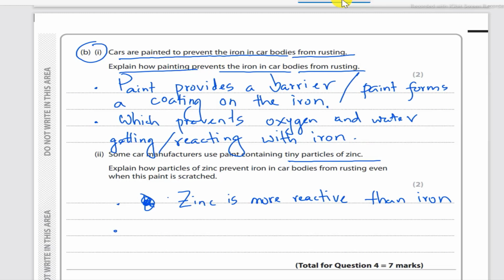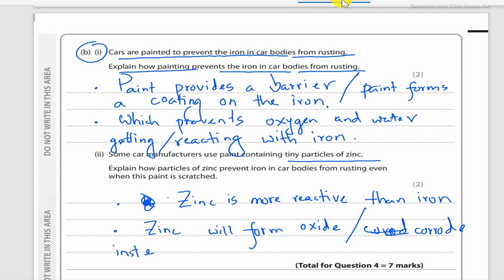So zinc will form oxide or corrode instead of iron, or before iron. Total marks for question 4 equal to 7 marks.